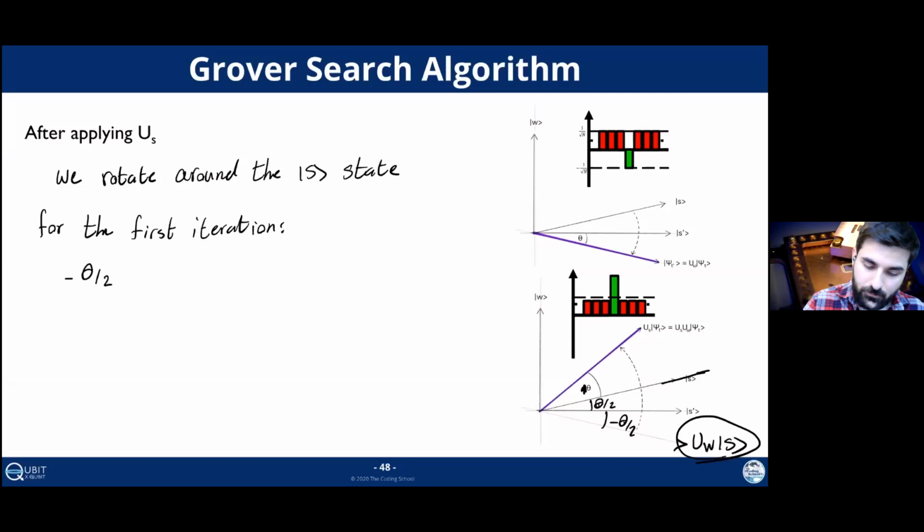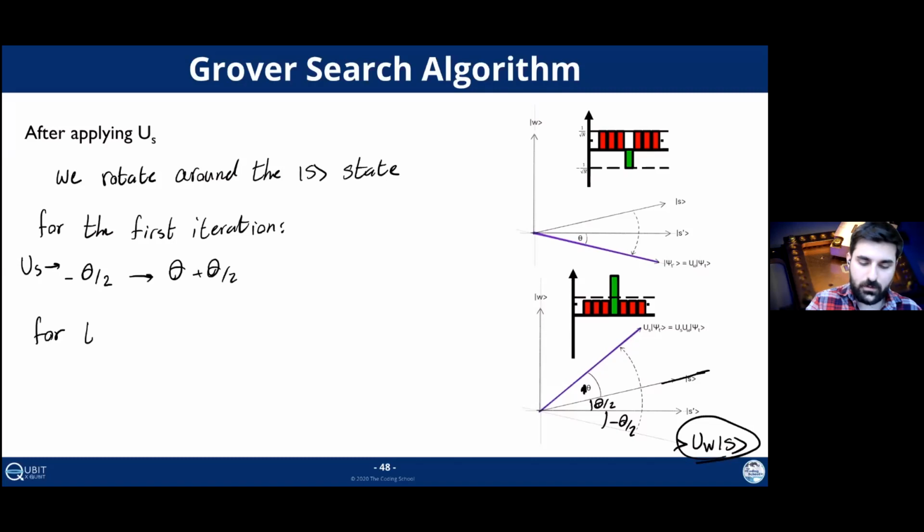U of S takes us from minus theta over 2 to theta plus theta over 2. That was just for the second operator.